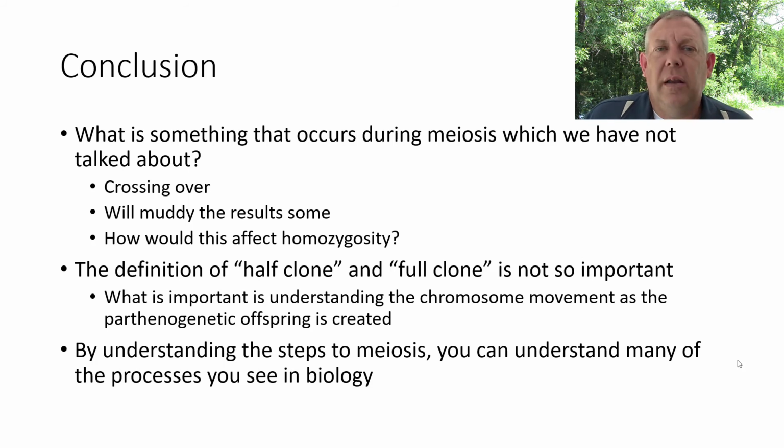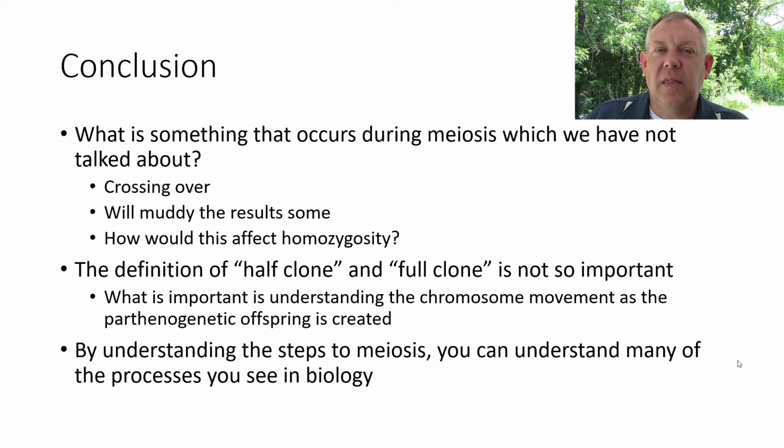Now, I think I'm right about the definition of half clone and full clone. Maybe I'm wrong, but I think I'm right. But the definition of half clone or full clone is not as important as understanding how those chromosomes move. Although this parthenogenetic offspring sprang from the mother and it has only DNA from the mother, so there's no male or other individual contributing to this offspring's DNA, so all its DNA came from mom, yet it's not a full clone of its mother.